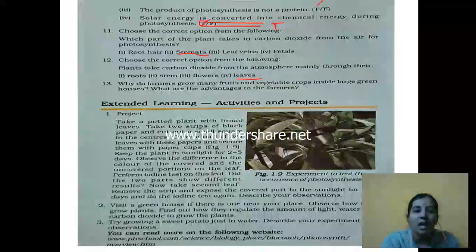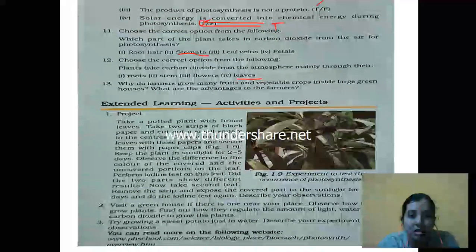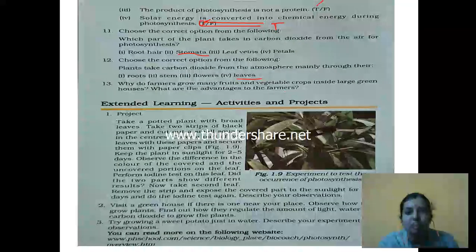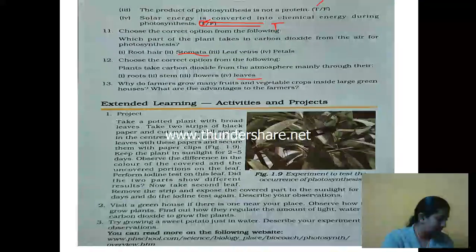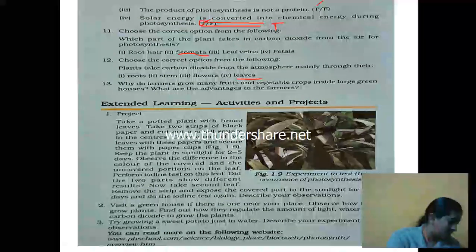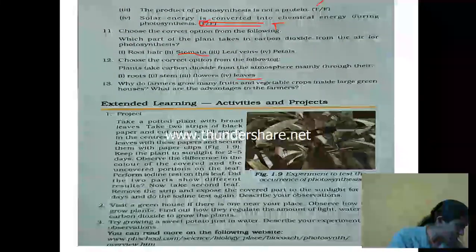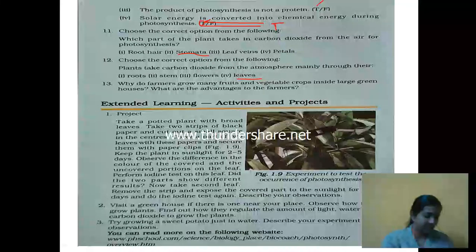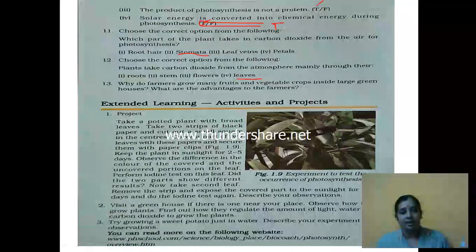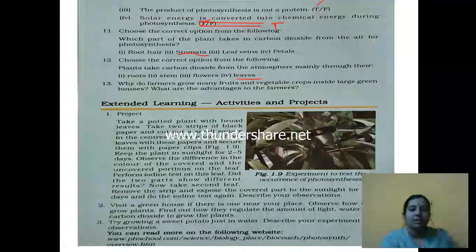Leaves. Why do farmers grow many fruits and vegetable crops inside large greenhouses? What are the advantages to the farmers? If you have gone through your chapter, they have given it here.